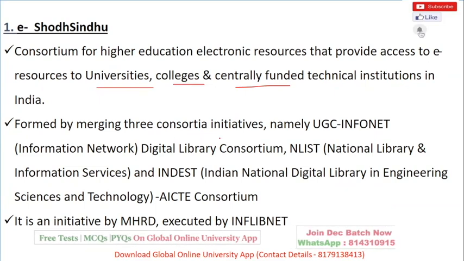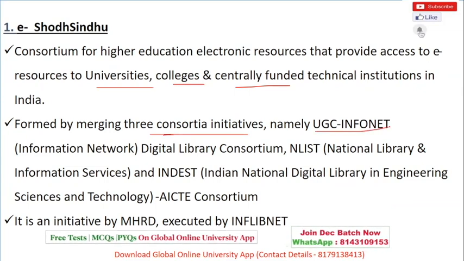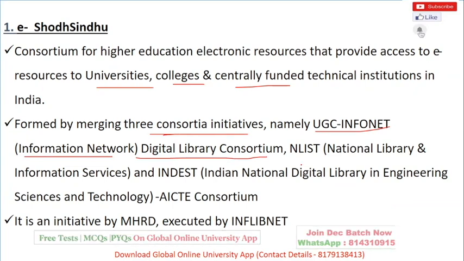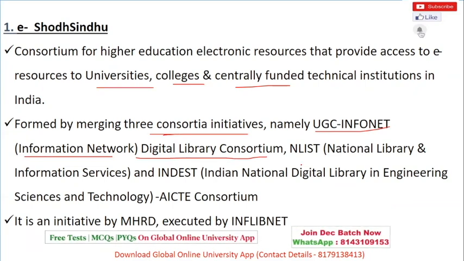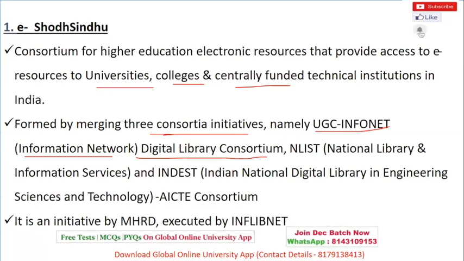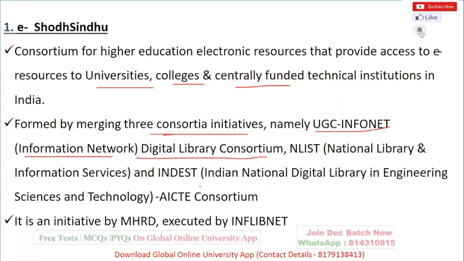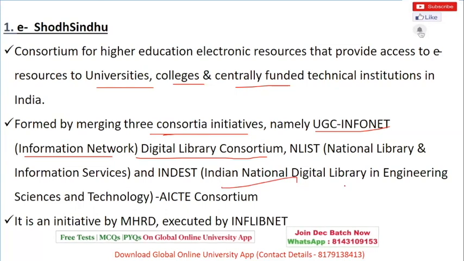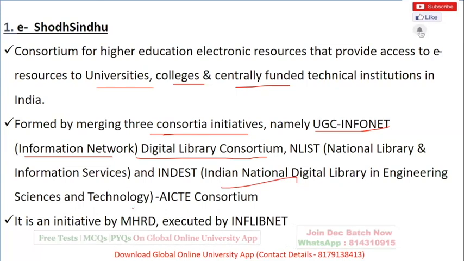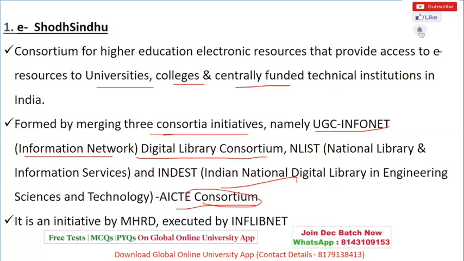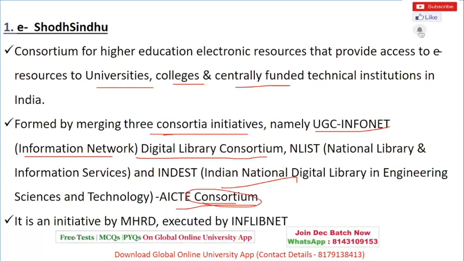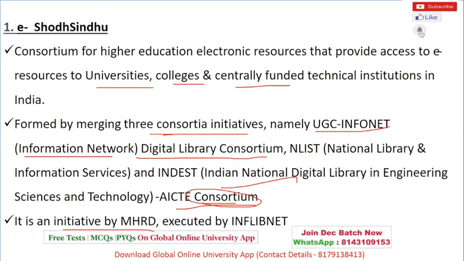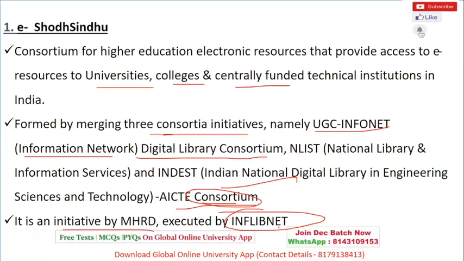They are merged from three initiatives: UGC-Infonet, that is the Information Network Digital Library Consortium, NLIST, that is National Library and Information Services, and INDEST, the Indian National Digital Library in Engineering, Sciences and Technology, which is an AICTE consortium. Consortium is nothing but a group of associations. It was an initiative by MHRD, executed by INFLIBNET, that is Information and Library Network.